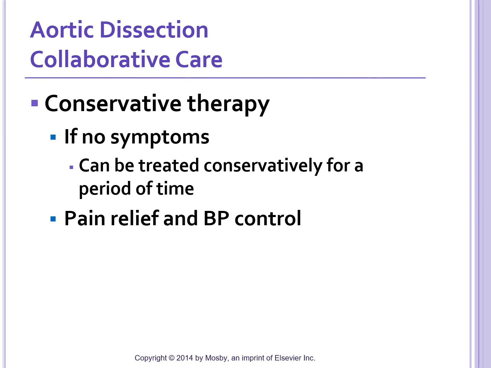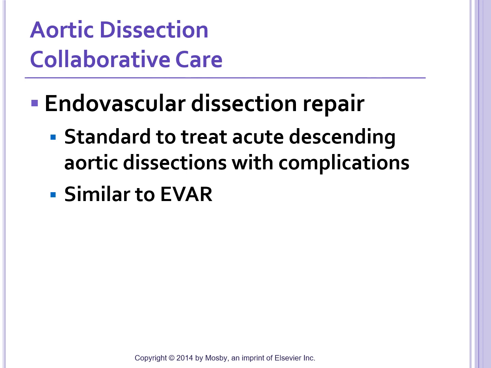It's not something that we usually wait a while on. For our descending aortic aneurysms, there's procedures to help with that dissection, very similar to the EVAR procedure. It involves putting a graft, placing a graft, over that dissecting piece of the aneurysm or the aorta.